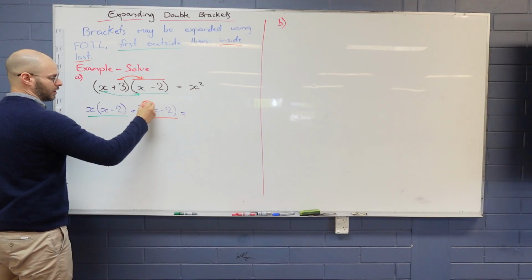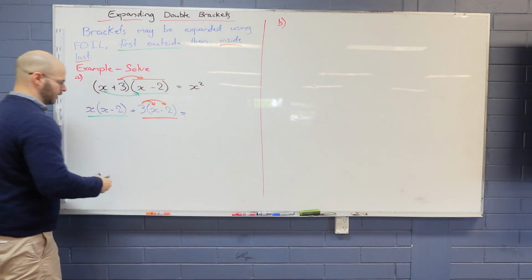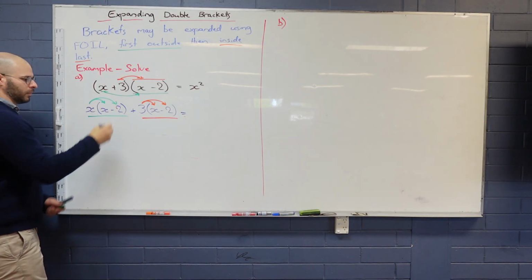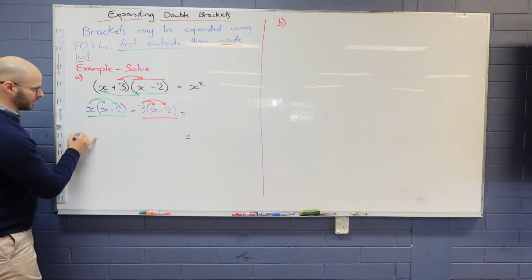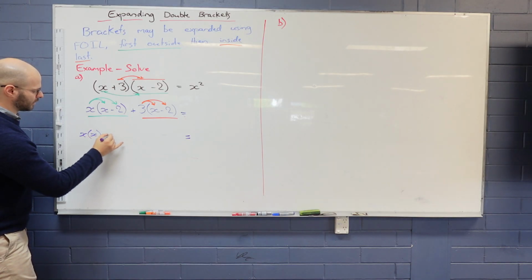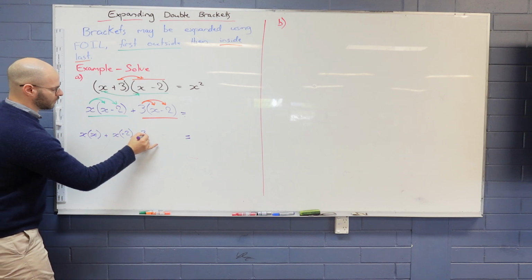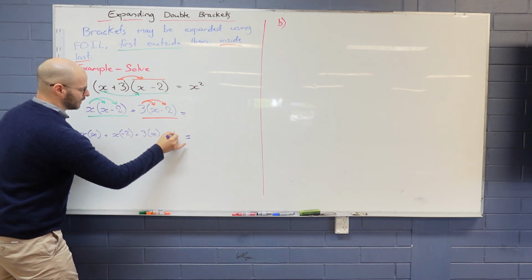So this is going to go bang, bang, boom, boom. Putting this to work, it's going to be x on x, plus x on the minus 2, plus 3 on the x, plus 3 on the negative 2.